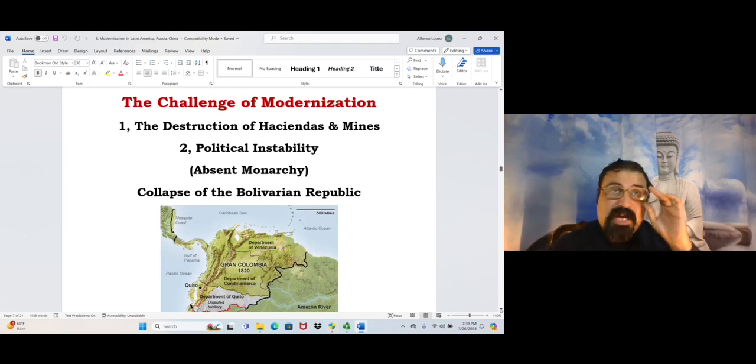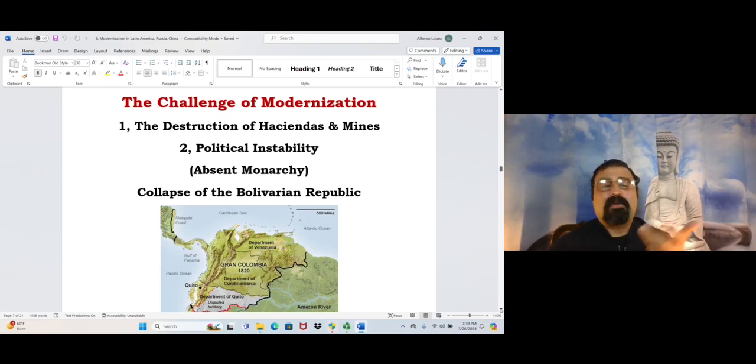Now, the challenge of modernization was manifold because the creoles are dealing with a series of problems in the new countries. For example, in the revolutions that they fought to win independence, the Spanish royal forces destroyed many haciendas and also mines. They were ravaged, in other words.